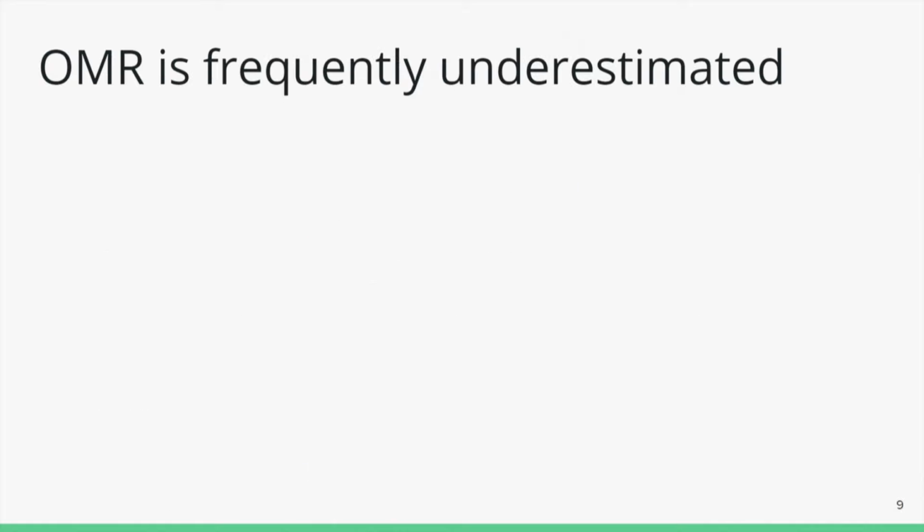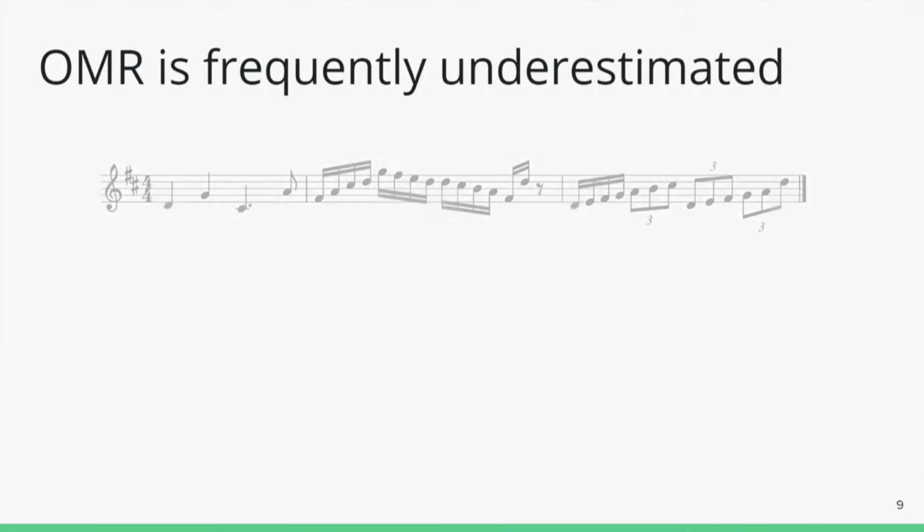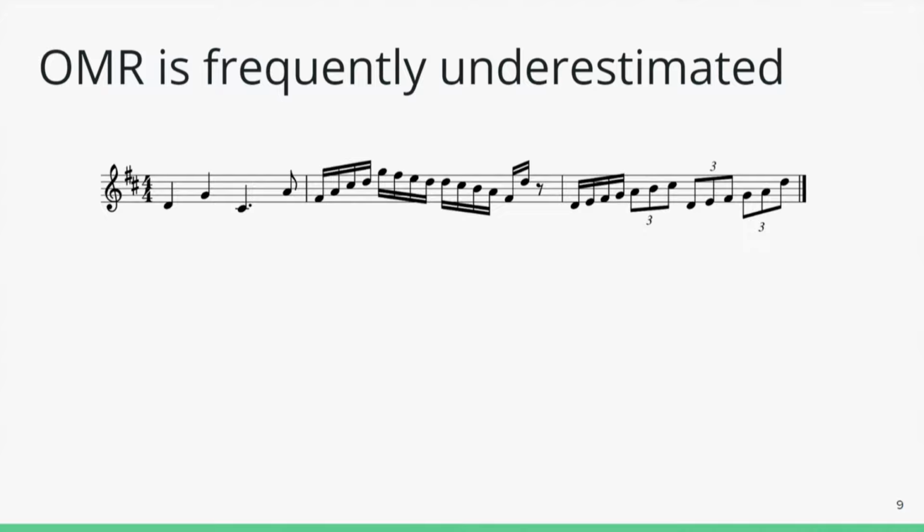Optical music recognition has been and still is frequently underestimated. One reason is that people see an example like this, especially when you know a good deal about computer vision, and think, okay, there are straight lines, and there are good algorithms for finding lines.